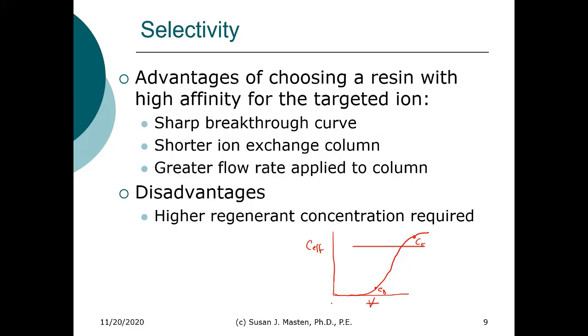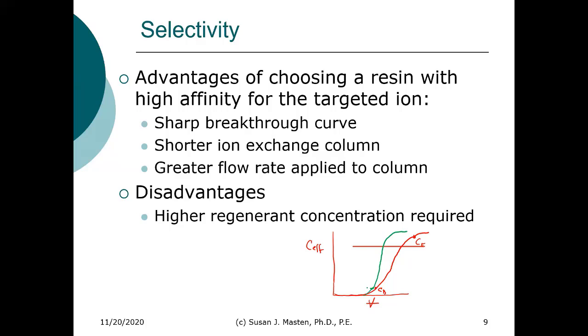If, on the other hand, we have a resin with a very sharp breakthrough curve, here's CB here, we more effectively use the resin before we regenerate. Now, this results in a shorter column. It means we can get a greater flow through before we actually have to regenerate.